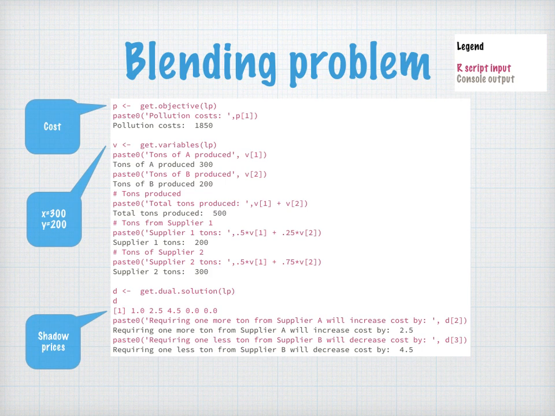We've solved the problem, but at this stage, we don't know the results. So the first thing to do is to retrieve the objective function and print it out. We can use getObjective to get the results, and then with the paste function, we can put together a short report. In this case, we see the pollution costs are $1,850. We can use getVariables to retrieve the number of tonnes produced for A fuel and B fuel.